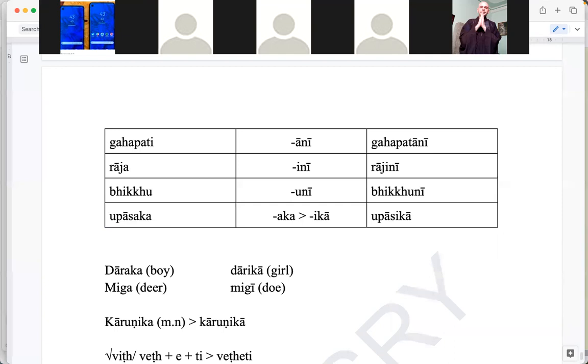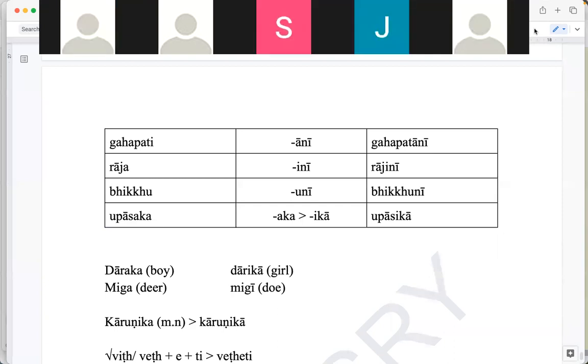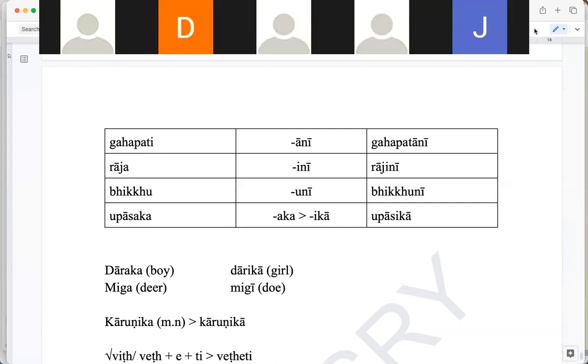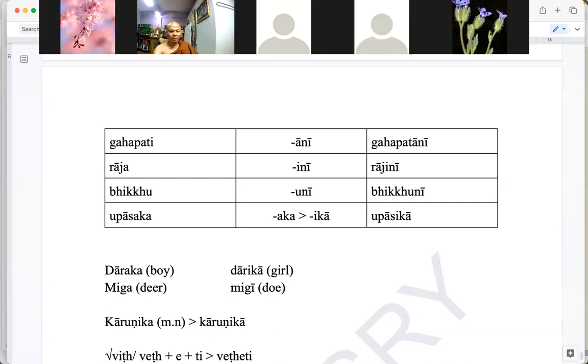So, any question? Hello. Yeah, I'm sorry, Bante. Just popped up in my mind. There's another point that we have 3 types of nouns that we have learned so far: masculine, neutral, and feminine.